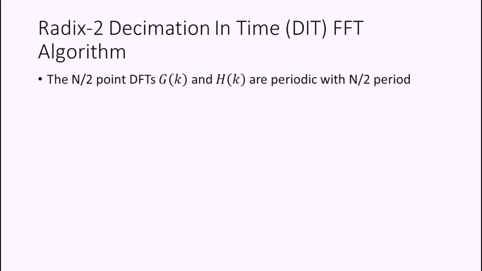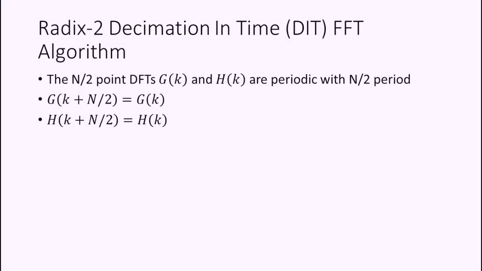The N/2-point DFTs of g[k] and h[k] are periodic with N/2 periods, so we can write g[k + N/2] = g[k] according to the property of DFT, and also h[k + N/2] = h[k].